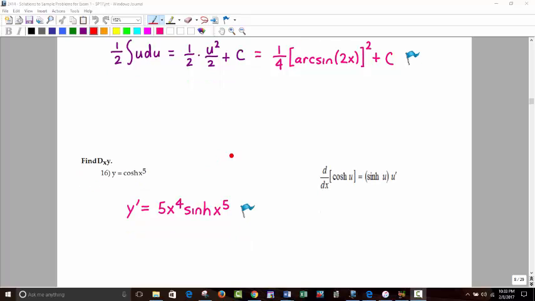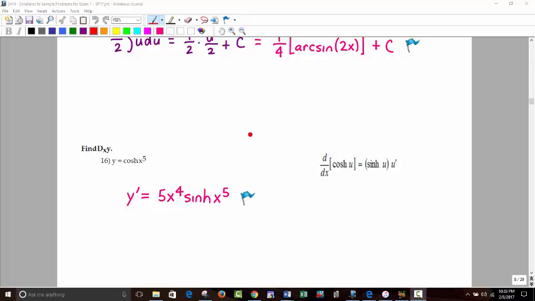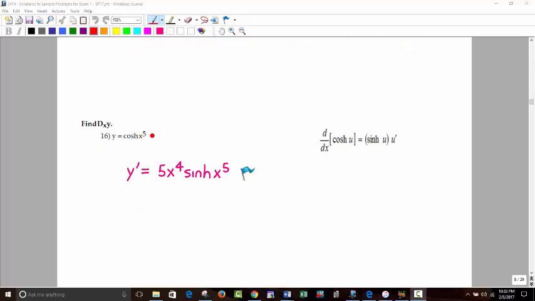Now we're starting to introduce the hyperbolic functions from section 5.8. Maybe I could have used some parentheses around there for the labeling. So it's cosh, hyperbolic cosine of x to the 5th.